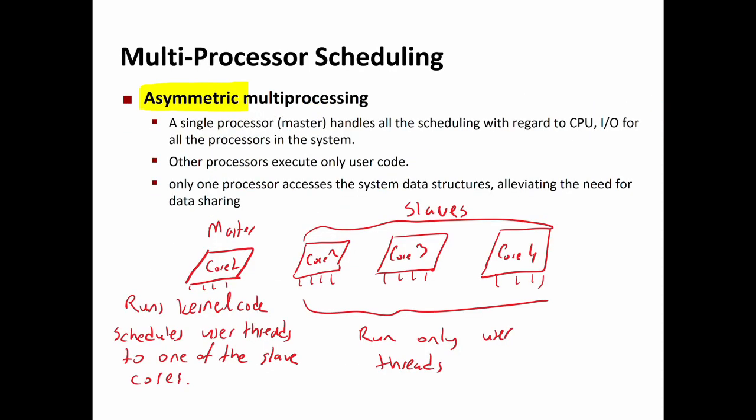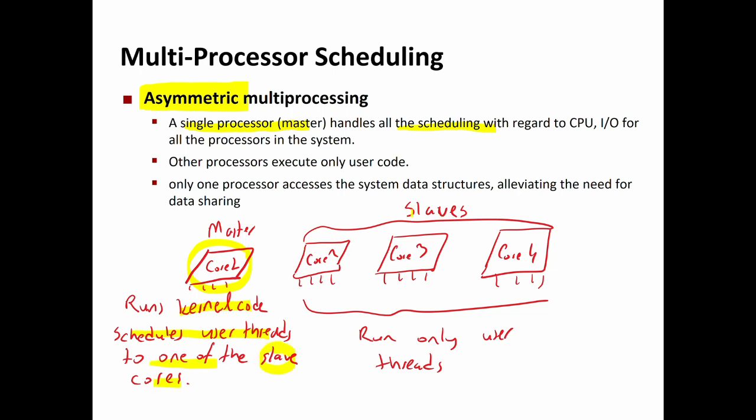Now, actually running an operating system on multiple processors is a tricky thing. There are two different methods. One is asymmetric multiprocessing. In this case, we dedicate one processor, the master processor, to run the kernel code. It handles all the scheduling, so it schedules the user threads to one of the other cores, which are called slave cores.